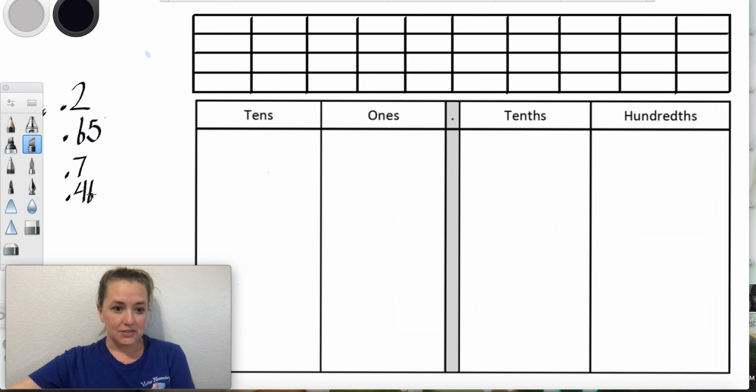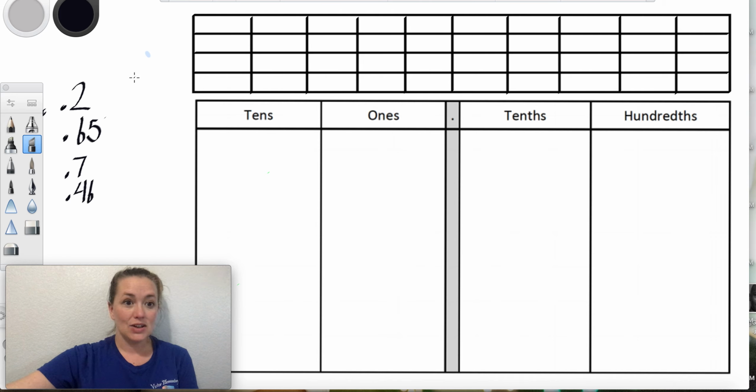Now there's a lot of different ways that we could compare them. In my head right away, I think about what these look like as a fraction. This is 2/10 or 20 hundredths. This one right here is 65 hundredths.